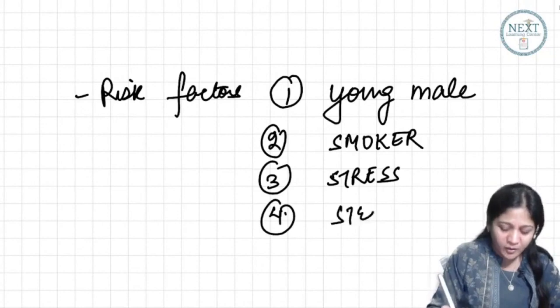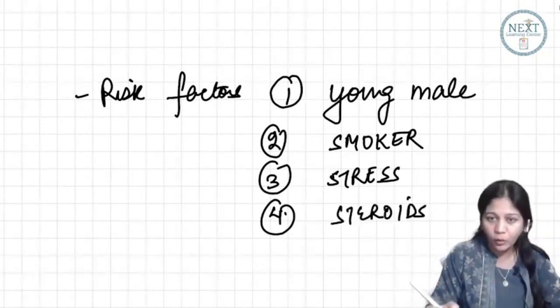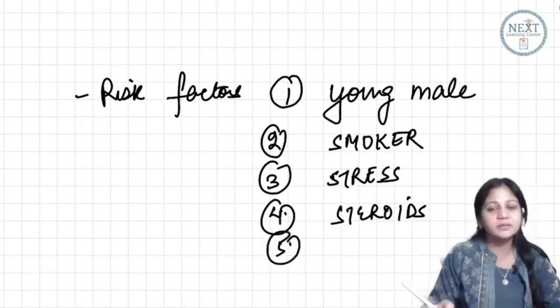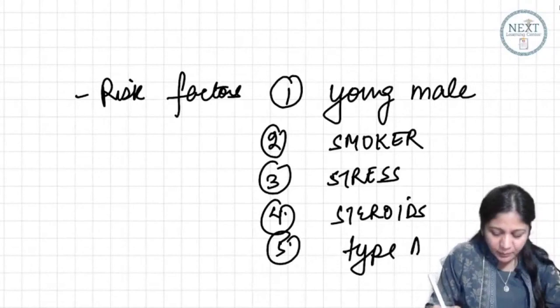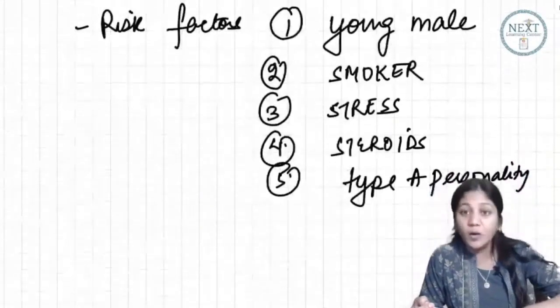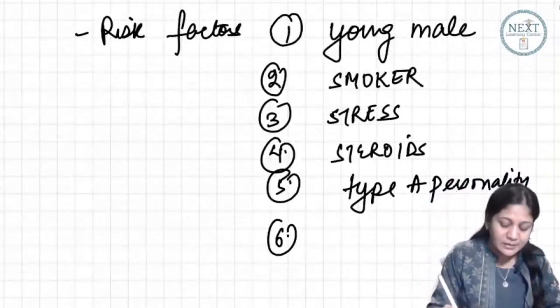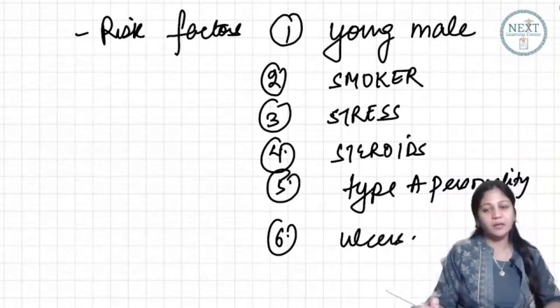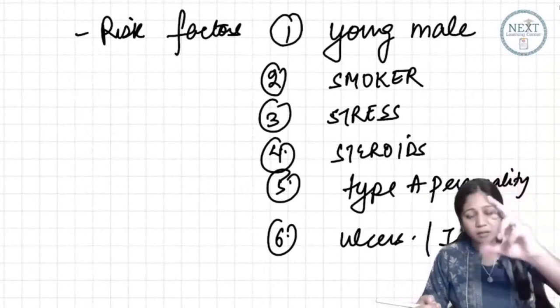One who takes a lot of steroids also, maybe for bodybuilding or for any other disorder. Next could be a type A personality, somebody who is very anxious, very agitated, who keeps fighting with his wife and kids, with his boss. Okay, or those who have ulcers, stomach ulcers, inflammatory bowel disease and something like that. So these are the risk factors.